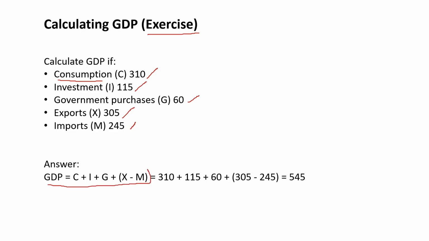You remember the formula of GDP under the expenditure method. So we know our C is 310, investment 115, government purchases 60, and net export is basically export 305 minus 245, so the total GDP is 545.